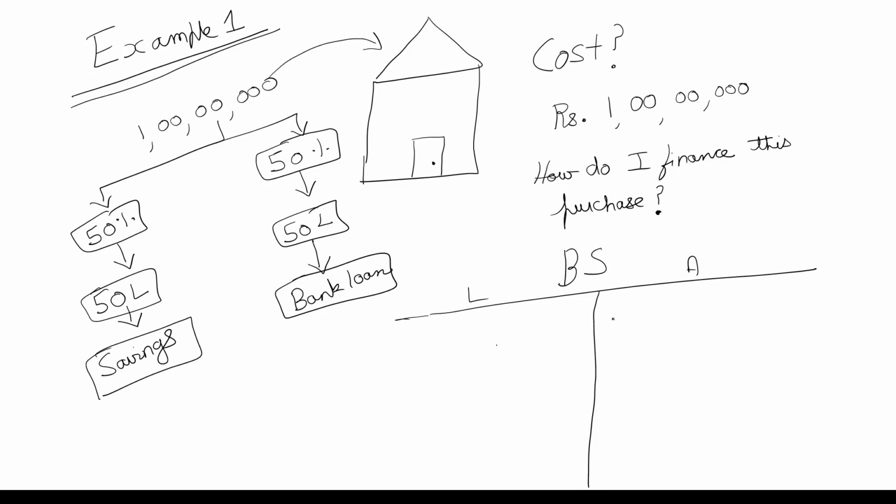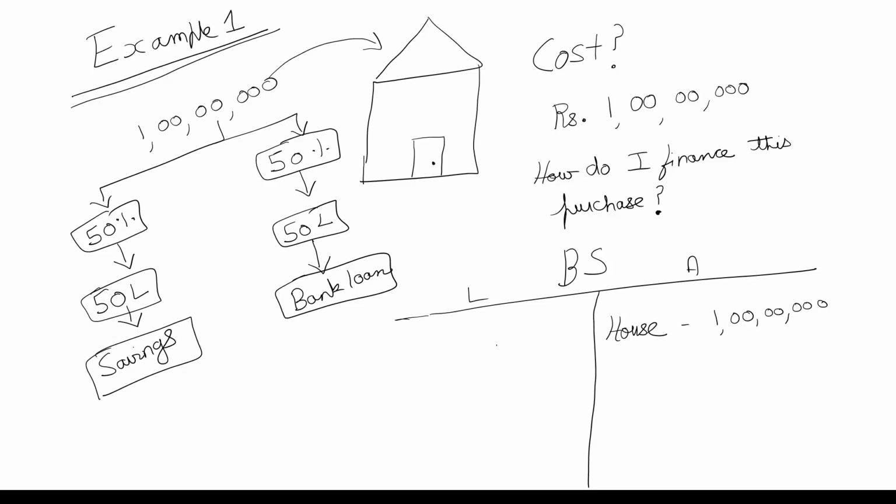I'm going to go to the asset side and put the asset that I've just bought, which is the house, and obviously it's going to be carried at a value of 1 crore. This is the price at which I bought the house. Now, how was this house made possible with money, and where did this money come from? Savings and bank loan.